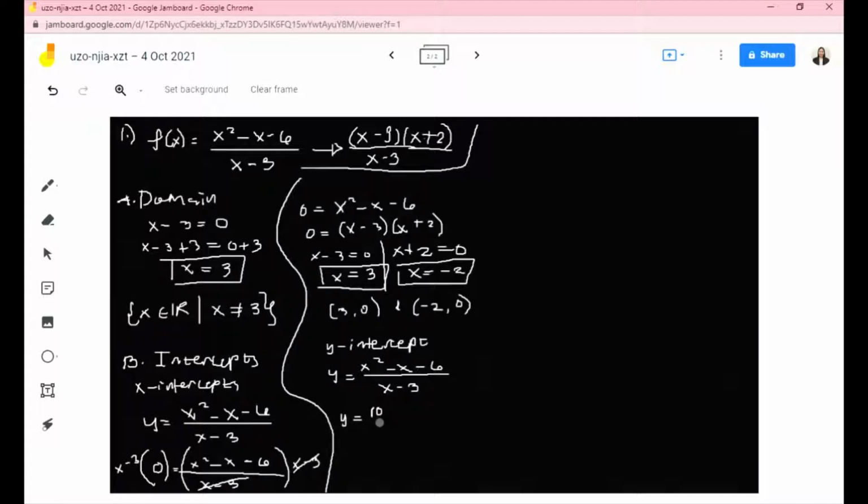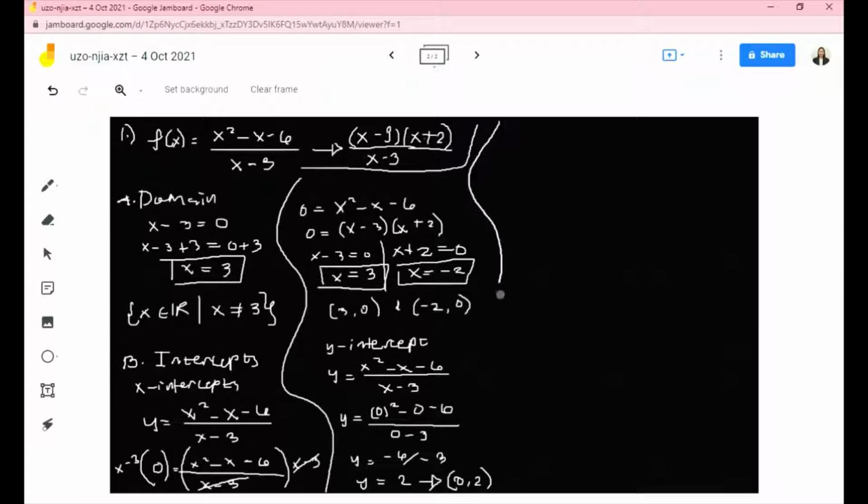This becomes 0 squared minus 0 minus 6 all over 0 minus 3. So we are left with negative 6 divided by negative 3, and this gives us the value of y, which is positive 2. So your y-intercept will be (0, positive 2).